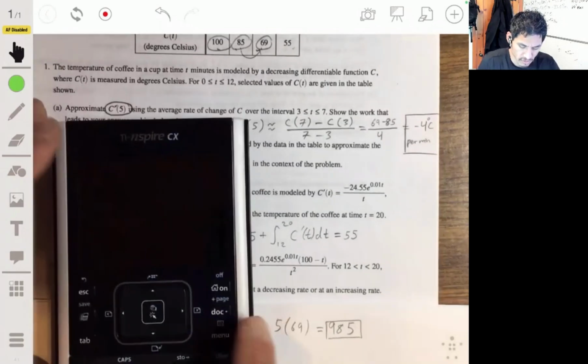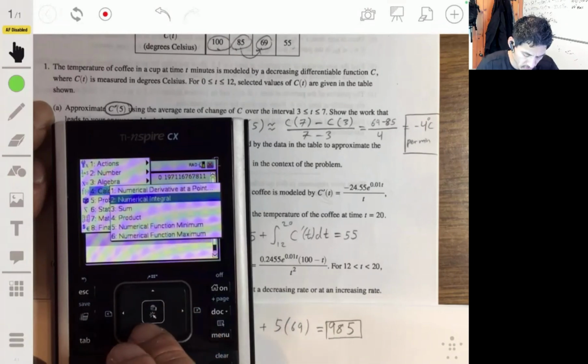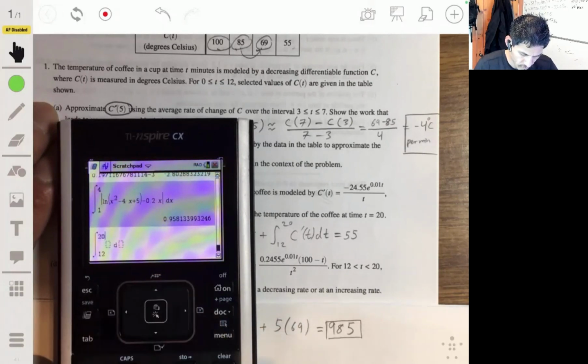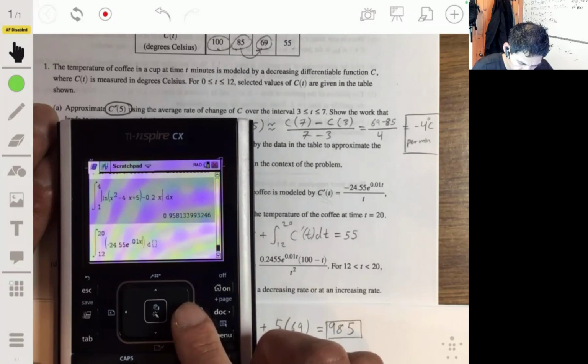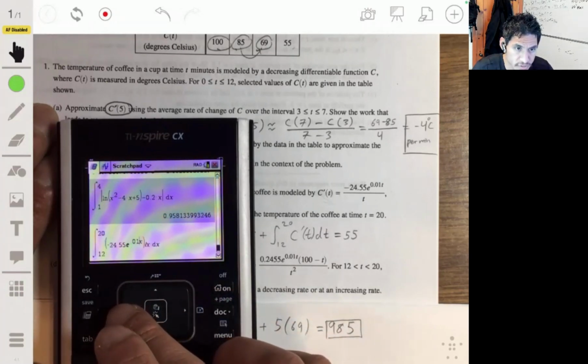So we can use our calculator. What we're going to have here is negative 24.55 e to the 0.01 x over x, negative 20.4. Whoa, I almost screwed that up.